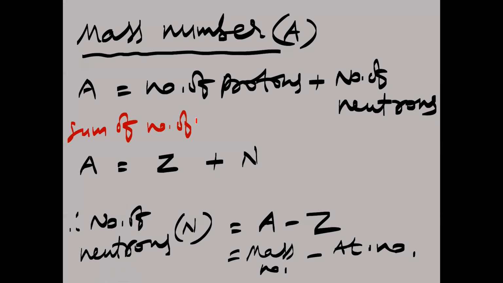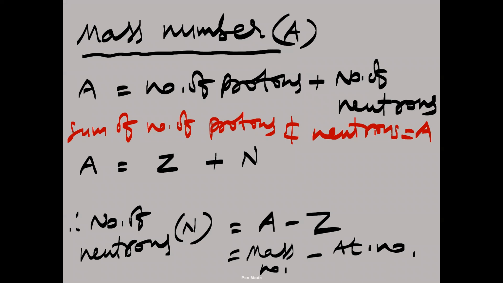Mass number is equal to number of protons plus number of neutrons. So the sum of the number of protons and number of neutrons is equal to mass number. Is that clear now? Take the screenshot of this.